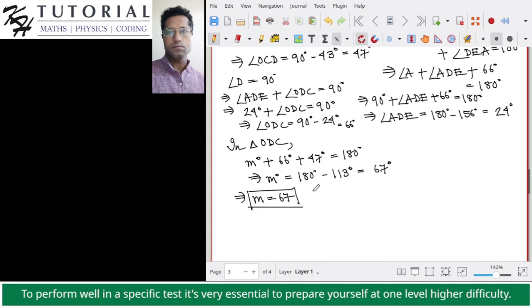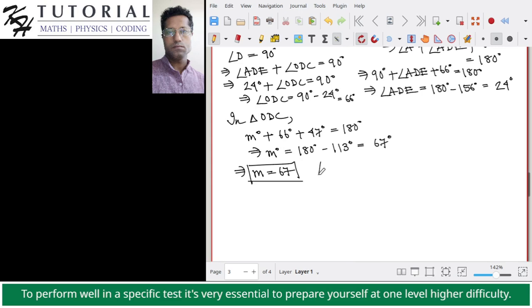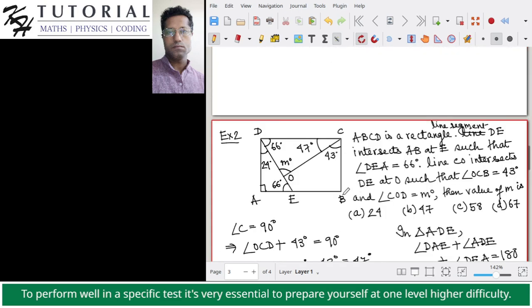Now there are many other ways of solving the problem using other properties. So the answer is choice D. For example, we could have used the quadrilateral COEB. This is a right angle, and in this quadrilateral the sum of the interior angles is 360 degrees.